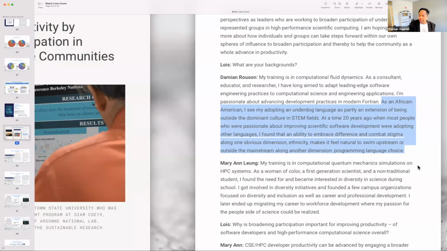I do most of my work in Fortran, as I mentioned, and it's an unusual choice. One of the things I was saying is, why did I make this choice? It's hard to say for sure, but when I think back, this was written in 2020. When I think back to 20 years prior, when I was deciding which direction to go with my work, I think one of the reasons that I was able to adopt sort of an underdog language is because I was coming from an underdog community.